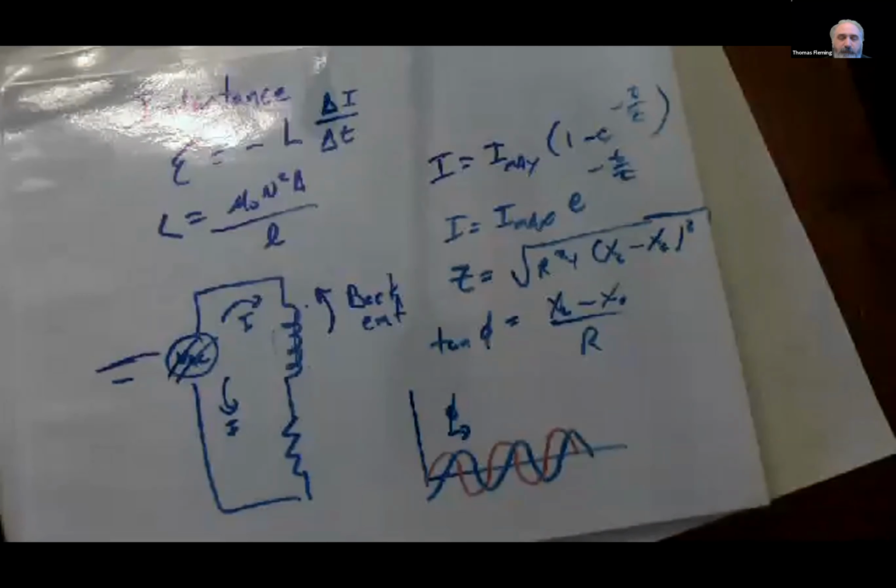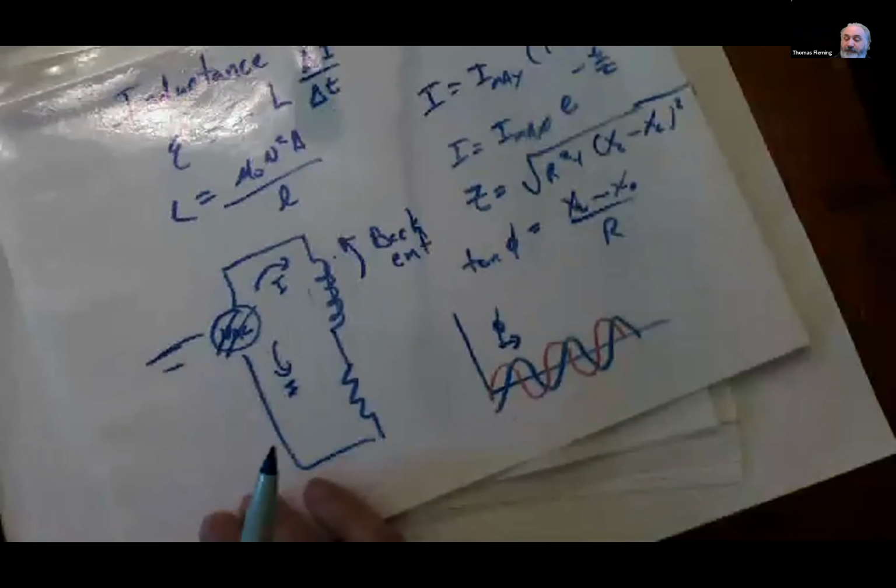Question? Yeah. I was just wondering if it was XL minus XC over R. It is XL minus XC over R. That's correct. And of course, how do you find XL and XC?